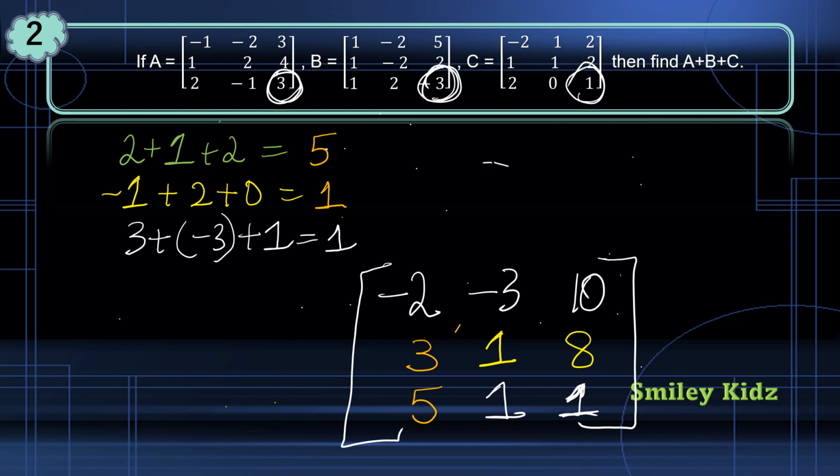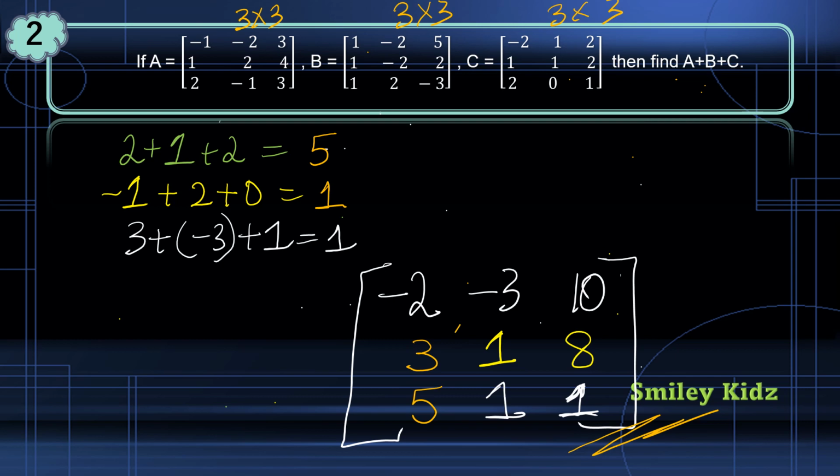So on addition of A, B and C, this is what we get. And one thing that you're going to remember over here is here A is of the order 3 by 3, B is of the order 3 by 3, C is of the order 3 by 3. And that is why we are able to add these matrices.